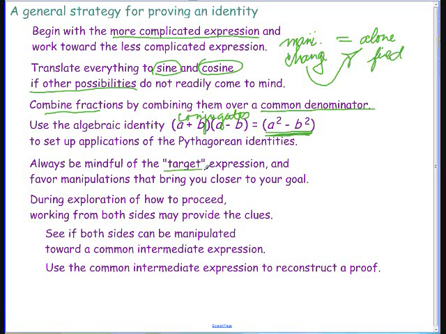Be aware of where you're headed. If you're having a really hard time, try going from both sides and see if you can get to something common in the middle, and then you can use that to determine the full path.